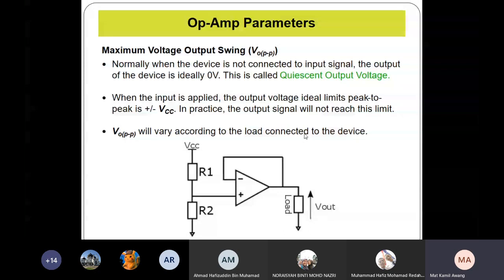Basically, the higher the load, the higher the V out, right? Ohm's law, V equals IR. So the higher the load, the higher the voltage, assuming the current is constant. So that is the V out peak to peak.